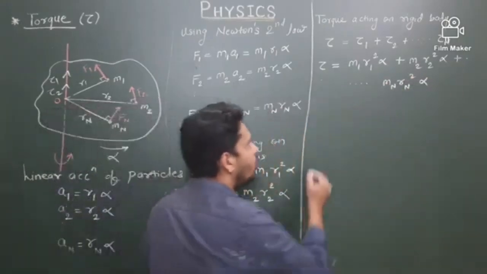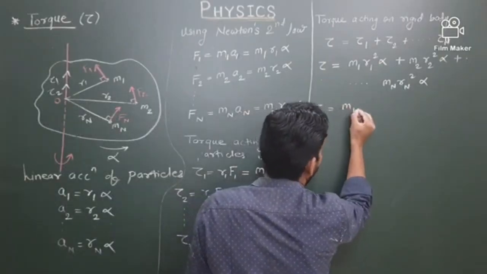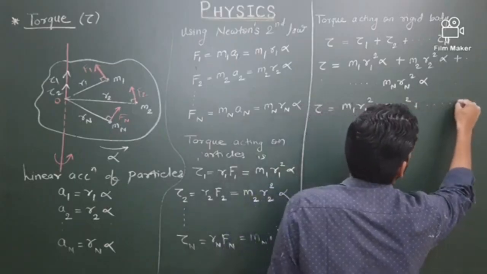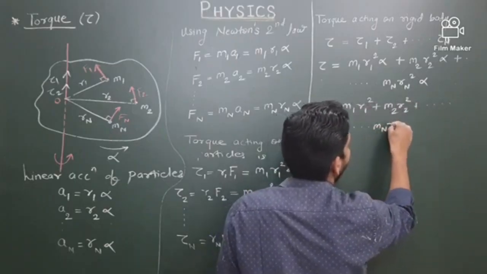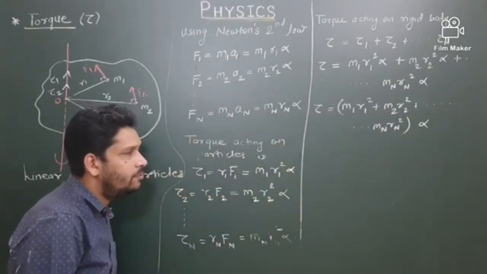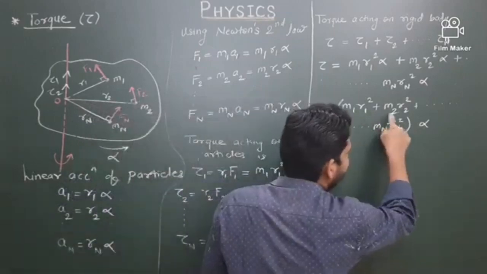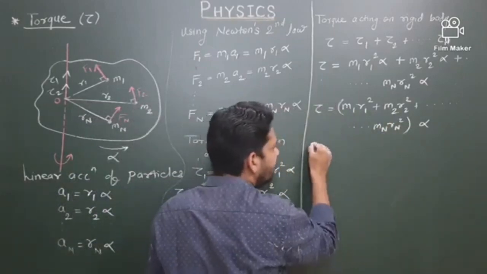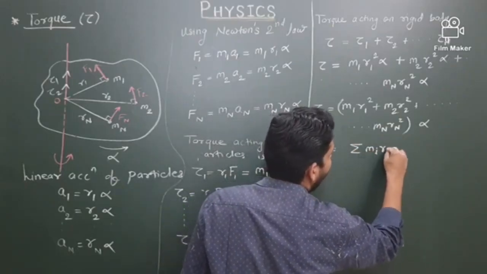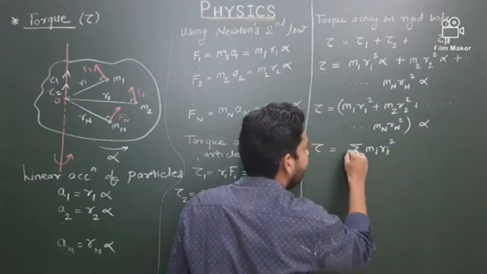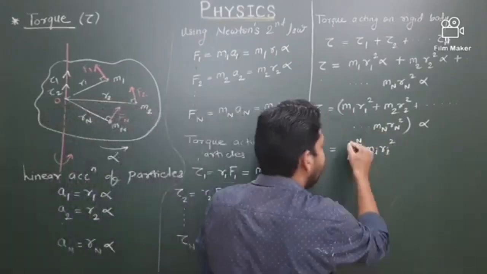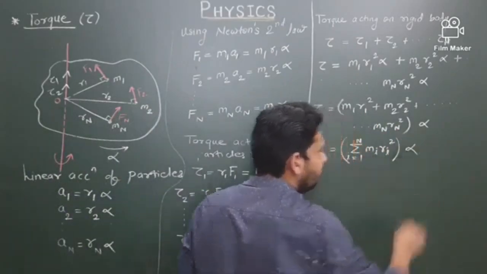Now take out the common: m1 r1 square plus m2 r2 square up to mn rn square, and alpha comes outside. Alpha is taken common. Now look at all these terms, they are all the same kind of terms, so that is nothing but a summation. It is a summation of mi ri square where i takes values from 1 to n. This bracket is nothing but this summation, into alpha.